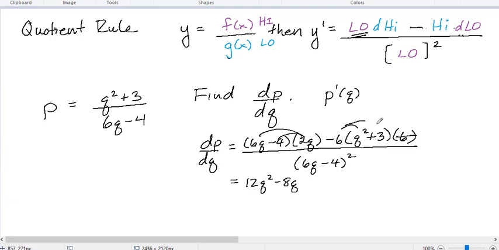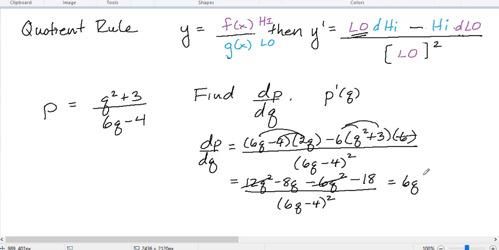And then I can distribute the negative and the 6 together. So negative 6q squared minus 18. All over my denominator, which you can keep in the factored form. 12q squared and negative 6q squared will simplify. Minus 8q minus 18. And you can keep your denominator factored.